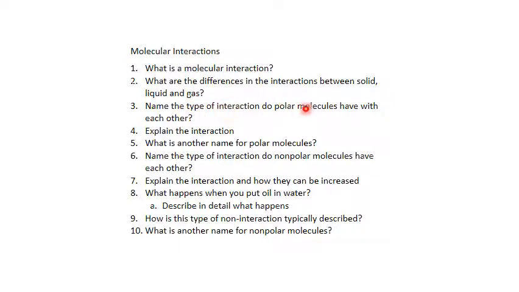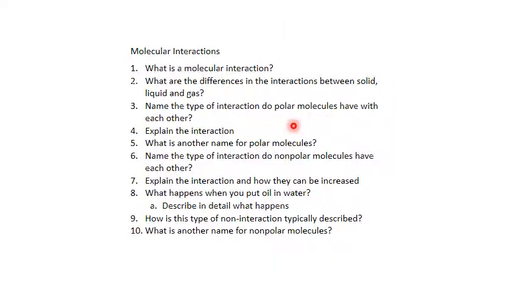What type of interaction do polar molecules have? Dipole. To explain the interaction, I'll show you a diagram. The plus side of the molecule interacts with the negative part of the other molecule, and that interaction is called an electrostatic attraction between polar molecules.